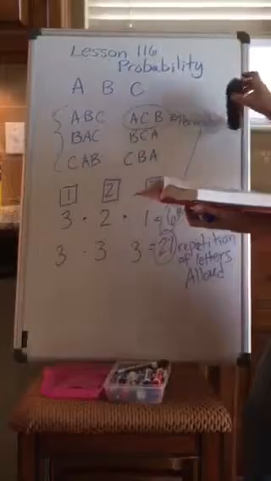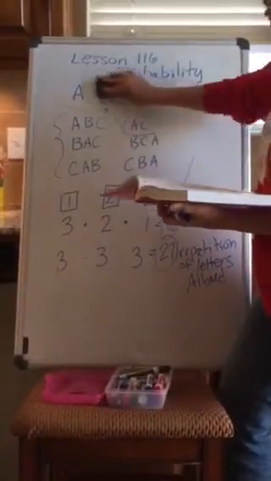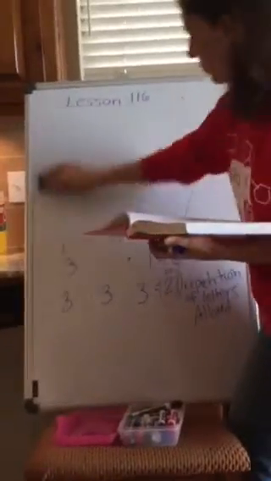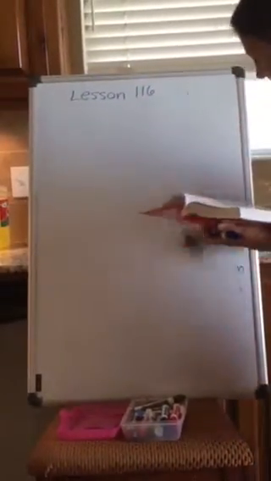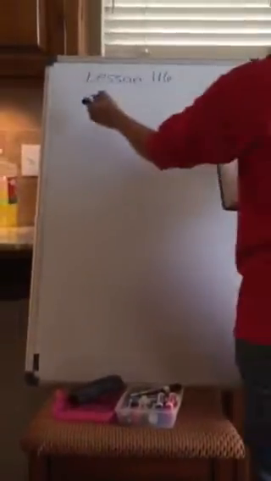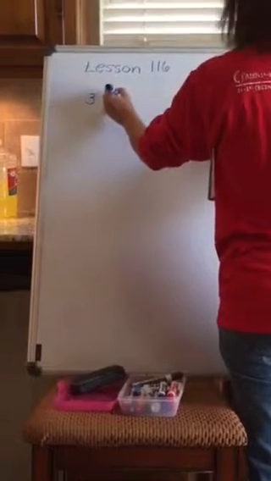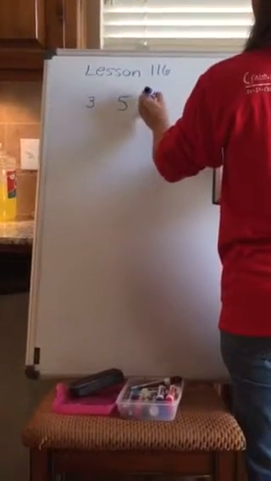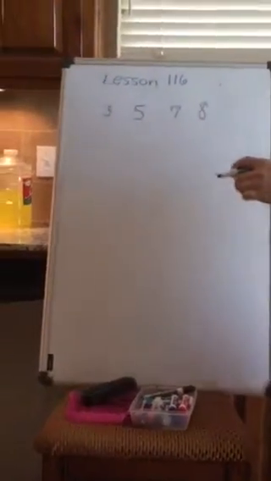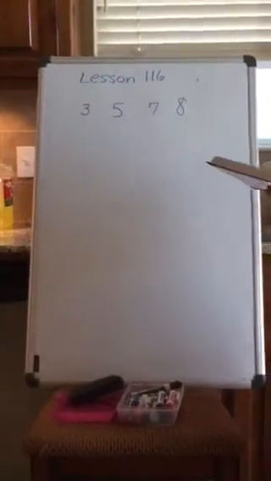Let's look at problem 116.1. And this is all permutations, which is very closely related to probability. 116.1 says, how many different ways can the numbers 3, 5, 7, and 8 be arranged in order if no repetition is permitted?